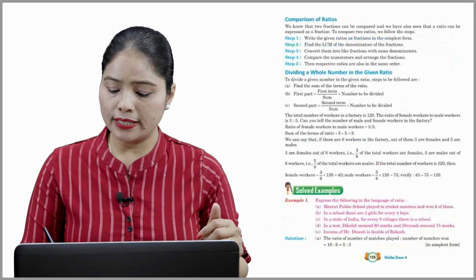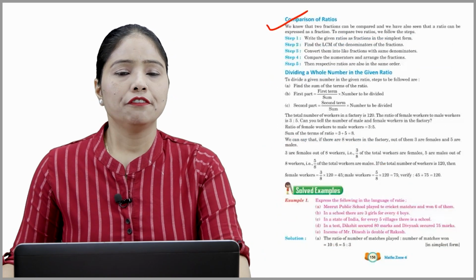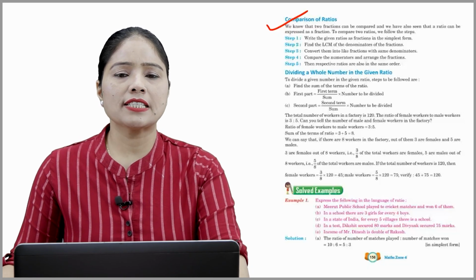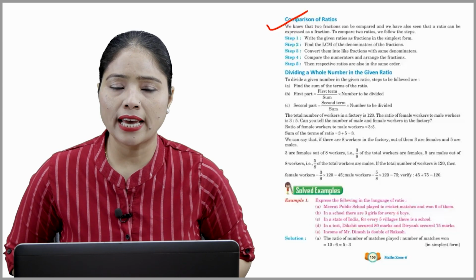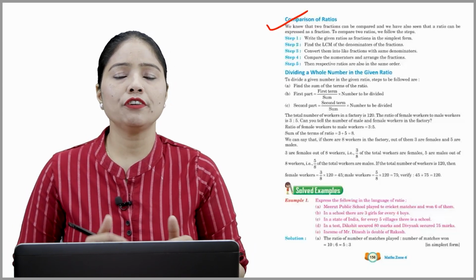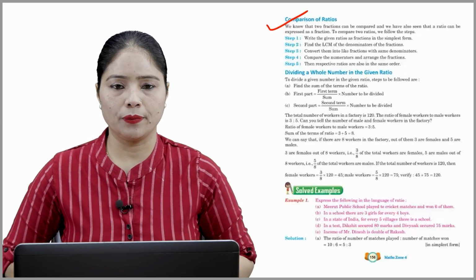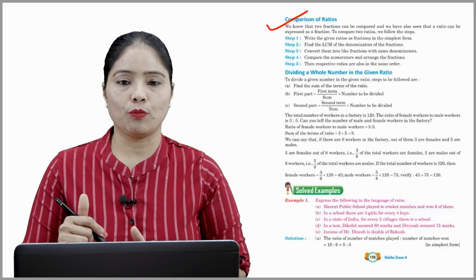So now move on, next one, which is comparison of ratios. We know that two fractions can be compared and we have also seen that a ratio can be expressed as a fraction. To compare two ratios, we follow the steps. Step number 1, write the given ratios as fractions in the simplest form.